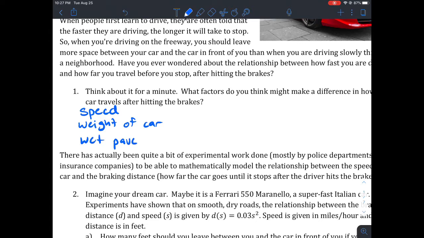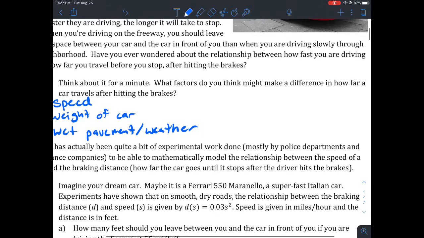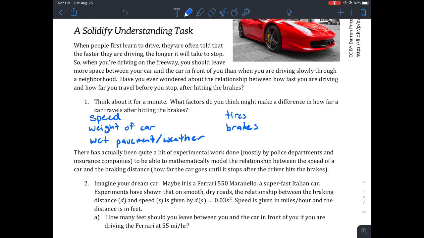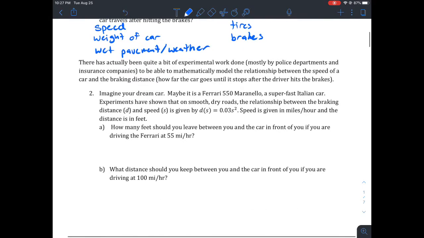I don't know how many of you have driven yet, but when it is raining or when there's ice or snow, that definitely affects your braking distance. So I guess really weather. Another would be maybe the condition of the tires or the condition of the brakes. So those are some that I came up with.